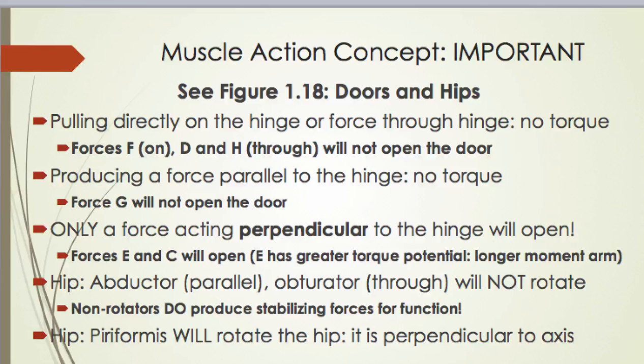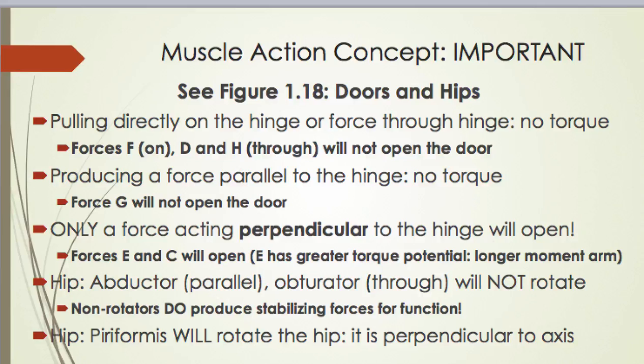That is not going to open the door. Forces D and H are trying to create force by pushing through the hinge. All right? That's not going to open the door. And producing force parallel to the hinge, there's no torque either. Force G will not open the door. So here's the key to muscular torque. Only a force acting perpendicular to the hinge will open the door.